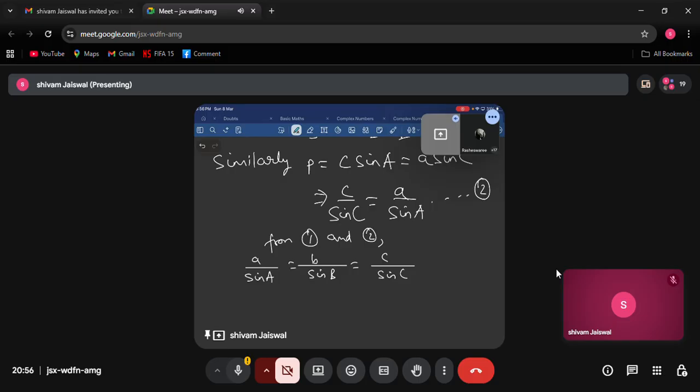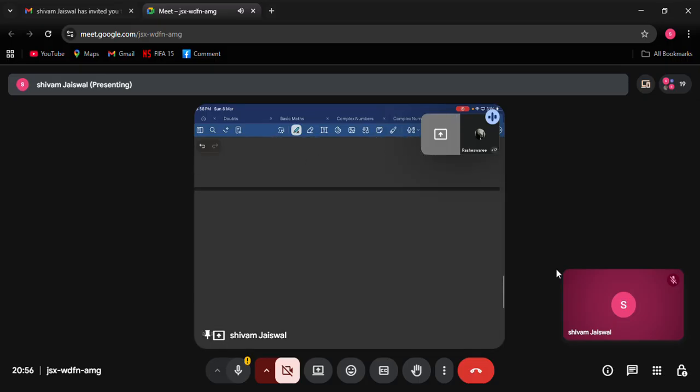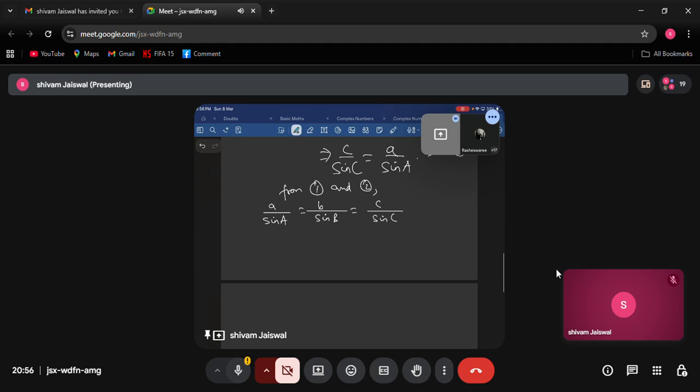Next, I'll prove the second part, the circumradius one. This is a circle and inside there is a triangle. This is the circumcenter.